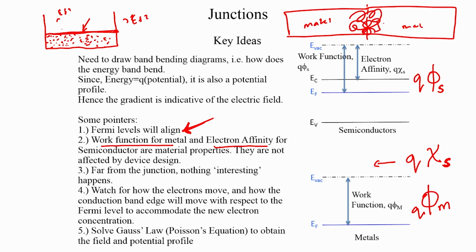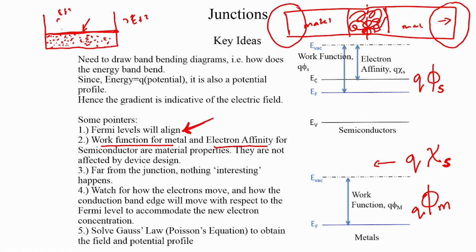You have the bands shifting away from where they were, you have electrons moving across, etc. But very far away from the junction, the material really does not see any of this phenomena.